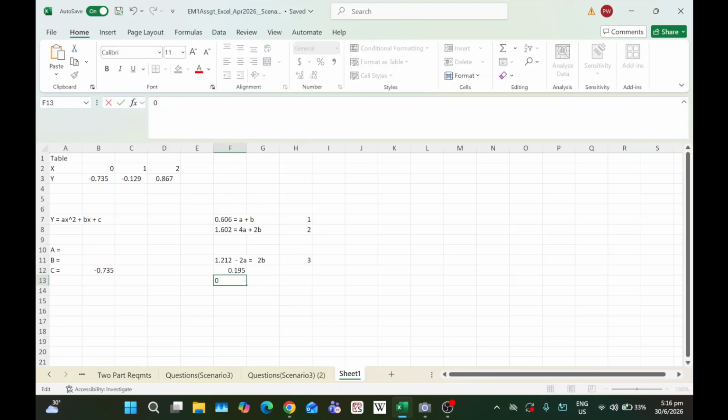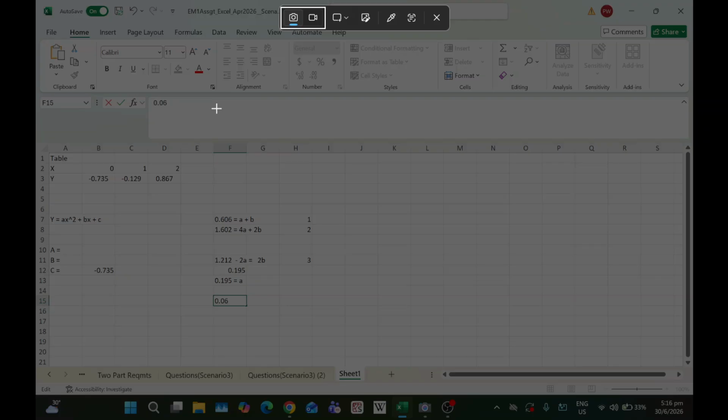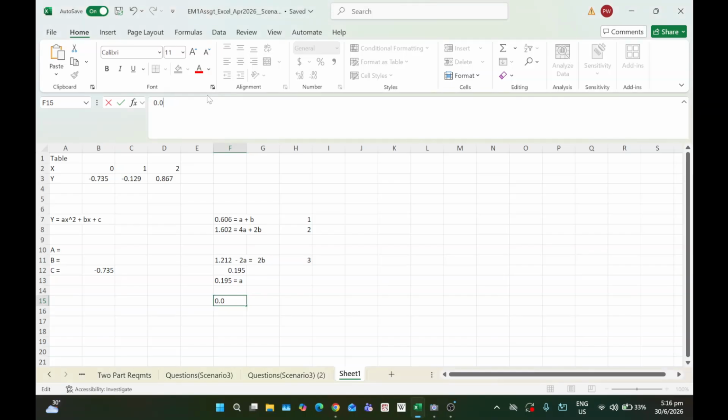So 0.195 equals a. Substituting this into my equation 1, 0.606 equals 0.195 plus b.